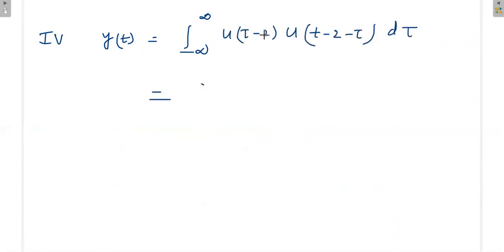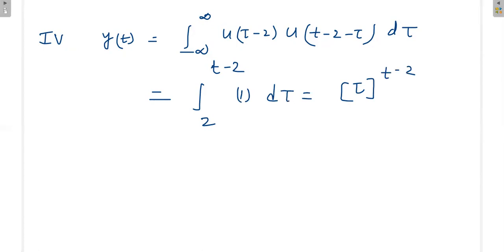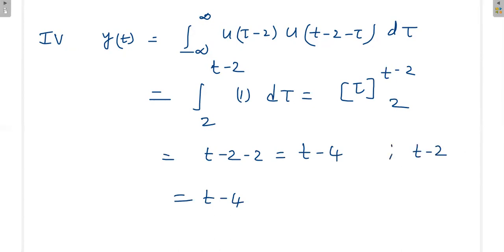Again, this goes from 2 to infinity, and this goes from minus infinity to t minus 2, so the lower limit is 2 and the upper limit is t minus 2, of 1 d tau. Tau from 2 to t minus 2, so finally t minus 2 minus 2, that is t minus 4. This t minus 4 is valid only when t minus 2 is greater than 2. That means t is greater than 4. So this answer is valid only when t is greater than 4.